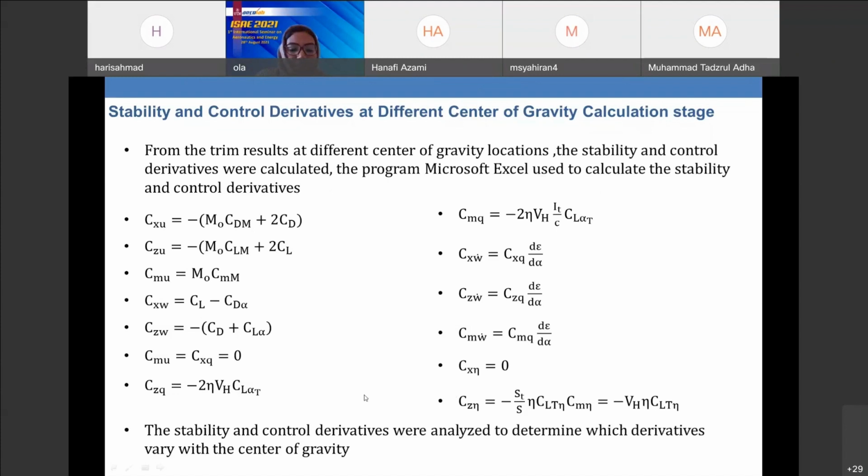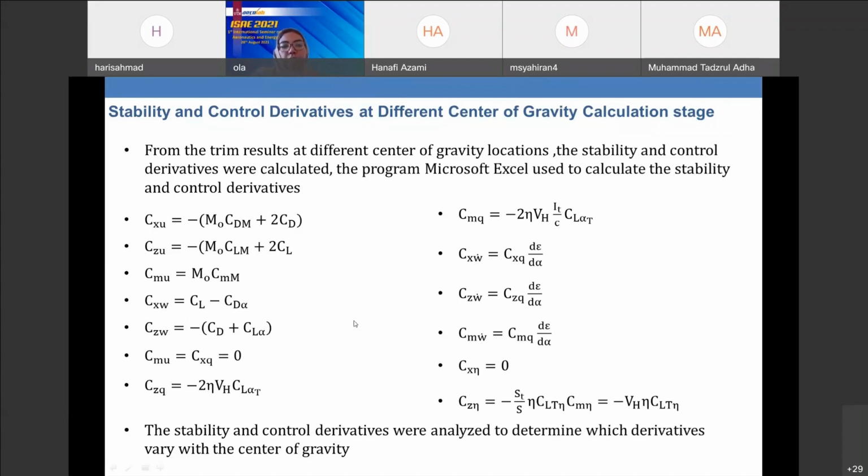As we see, these are the equations. The first one here is an axial force due to axial velocity, and like so on. We have an axial force, a normal force, a pitching moment due to axial velocity, due to normal velocity, due to pitch rate, due to change in normal velocity, and due to elevation.